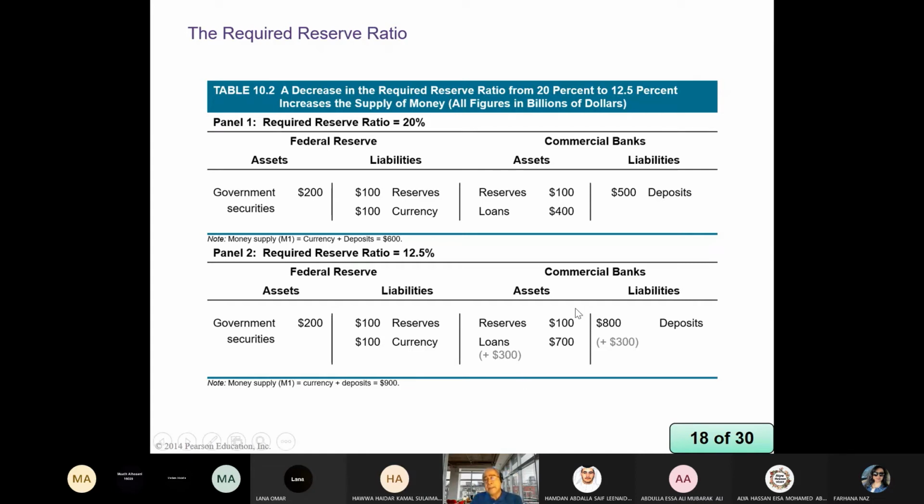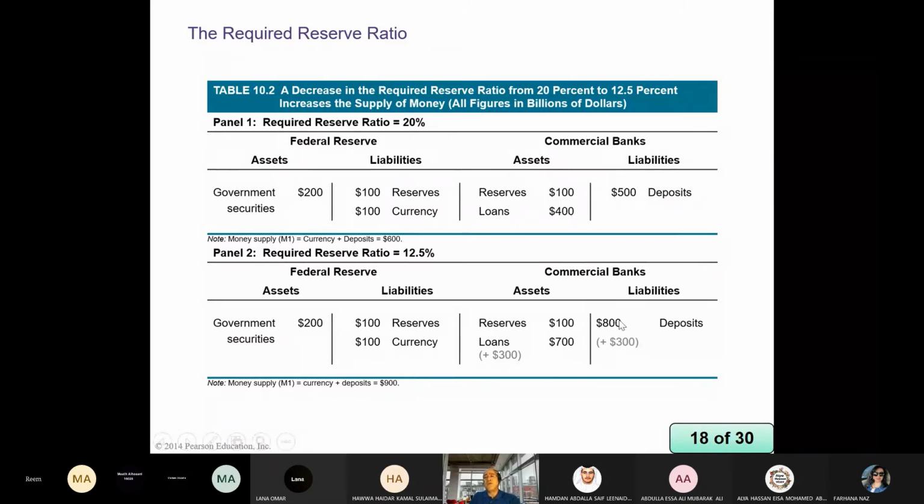So what happened here: since the required reserve ratio decreased, it gives the commercial banks more ability to give more loans, because the 100 here includes excess reserve. We don't need to keep 100 in reserves even for these 500 deposits; we need less than 100 dirhams as a reserve.